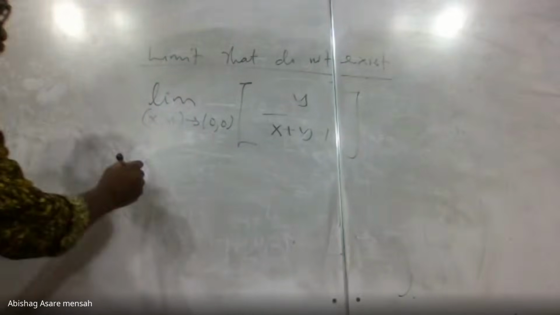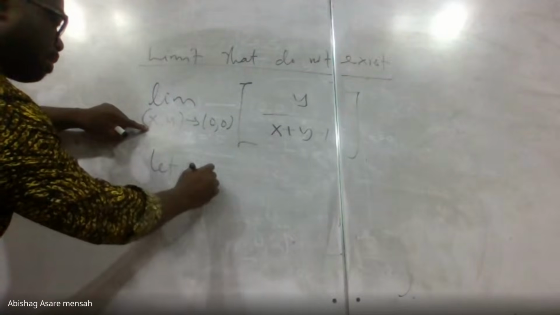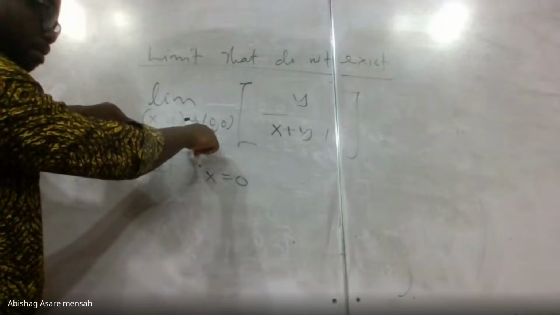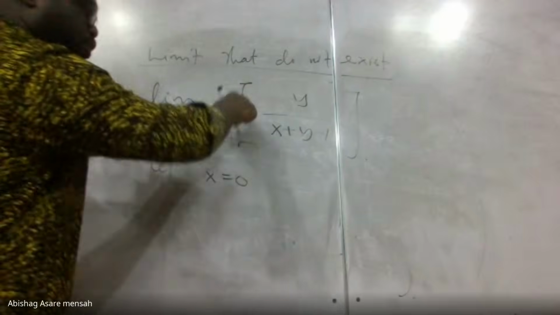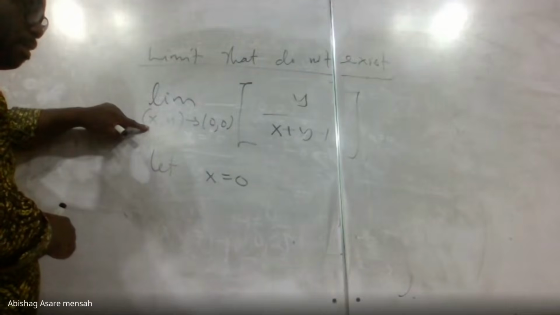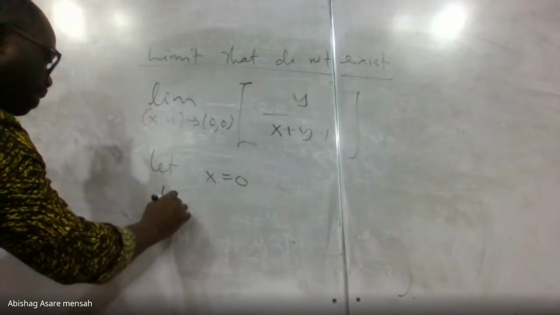So what you have to do, you let x equal 0. So we are testing the function as it's moving towards the y-axis. Let's look at what will happen when x is 0. So this time we are finding the limit.